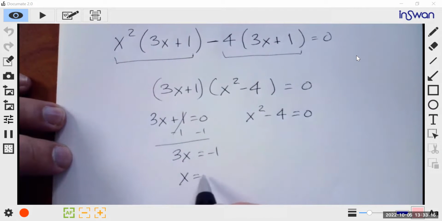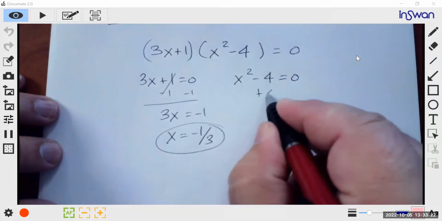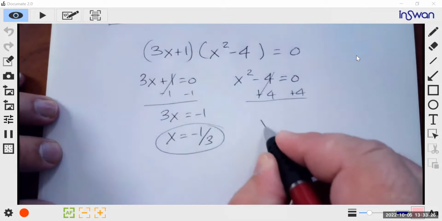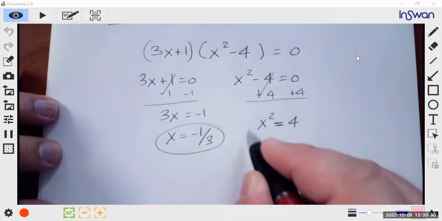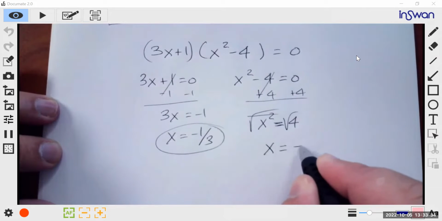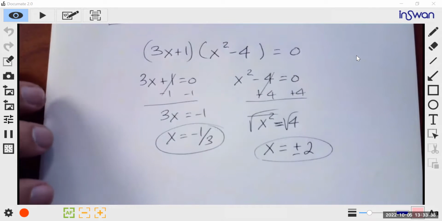So x is equal to negative 1/3. X squared equals 4. X equals plus or minus 2. Those are my answers.